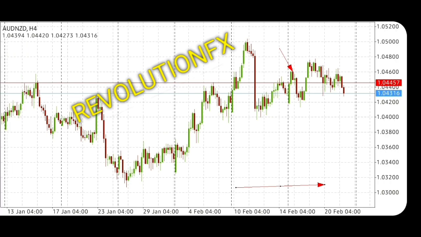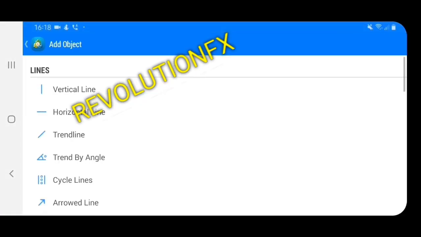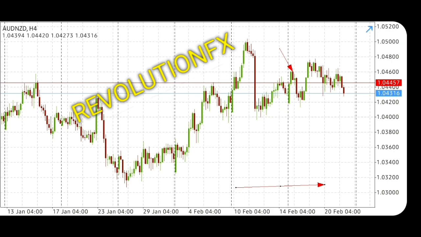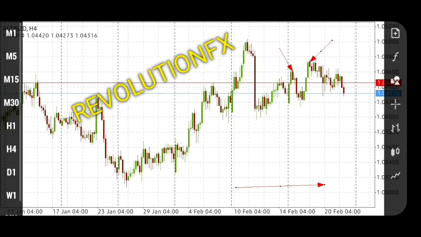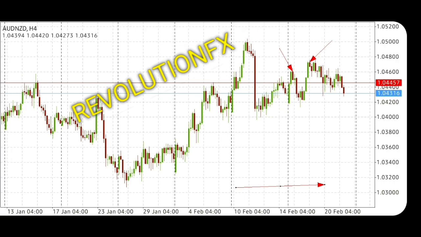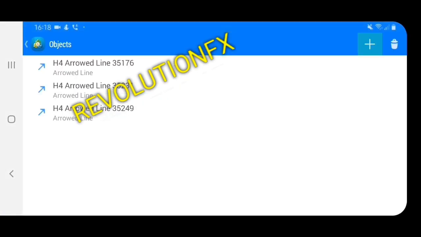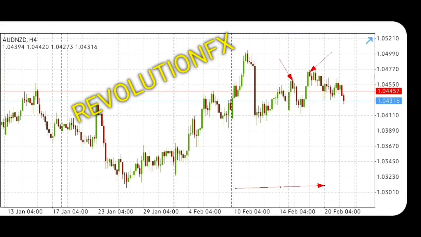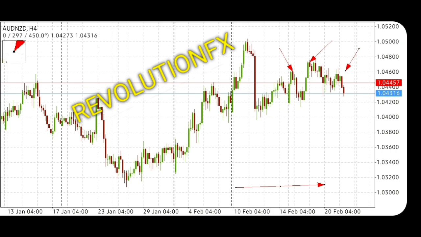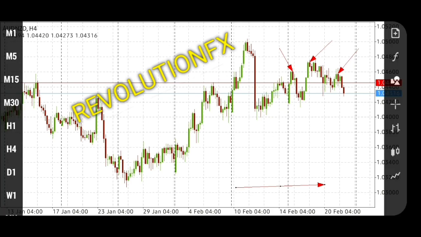That's a left shoulder. And then we have got the head. This is the head right here. Then we have the right shoulder. Okay, this is a right shoulder there.